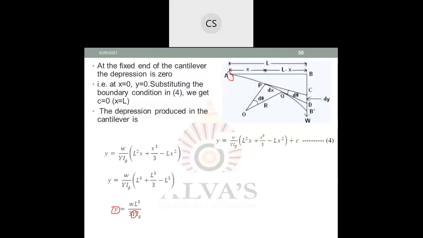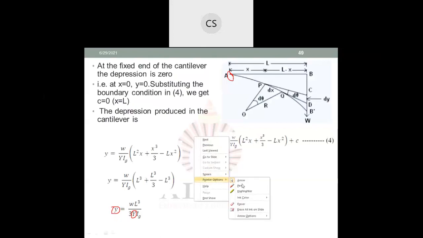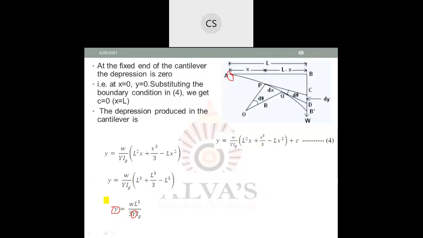So before that, let us go back. Now this is an expression for depression, a general expression for depression.